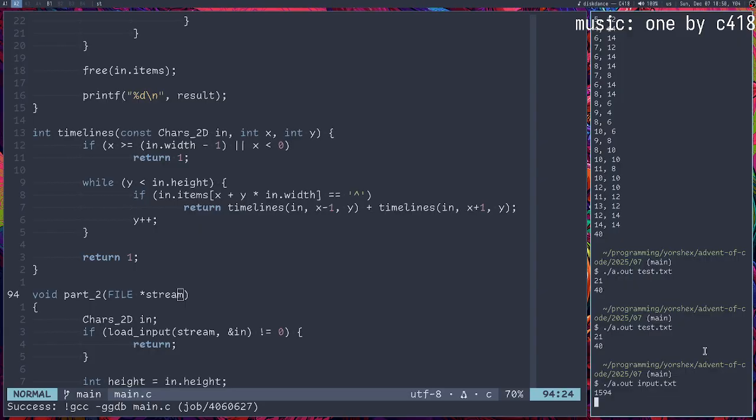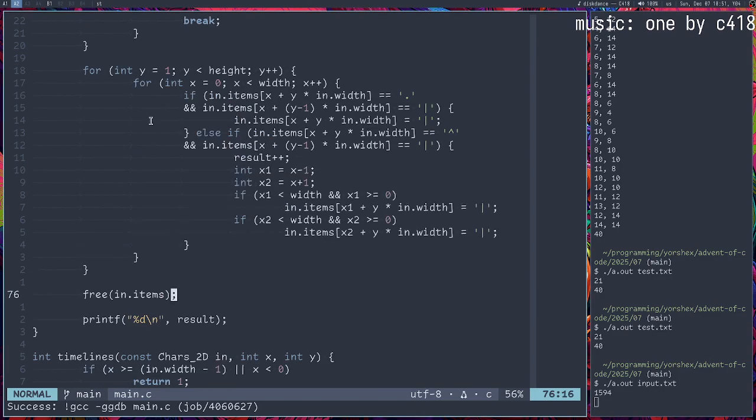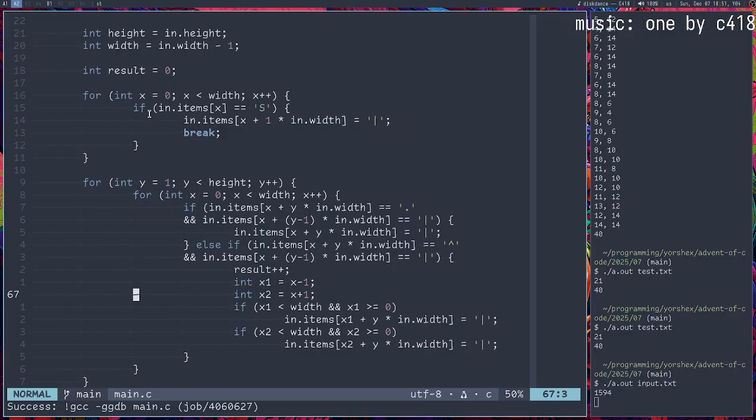Hmm. I have an idea on how I could treat this similarly to how we did part 1, actually.